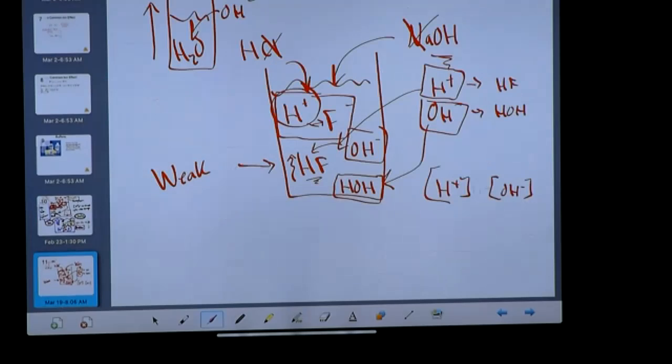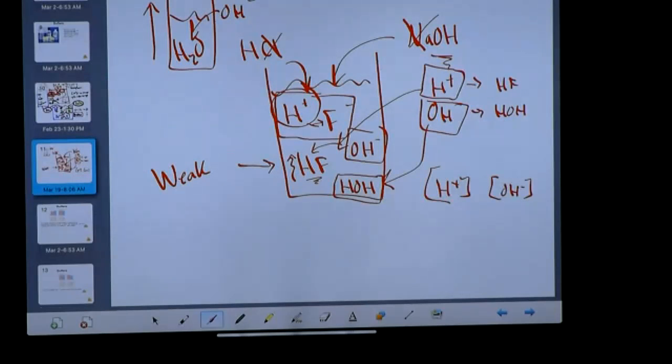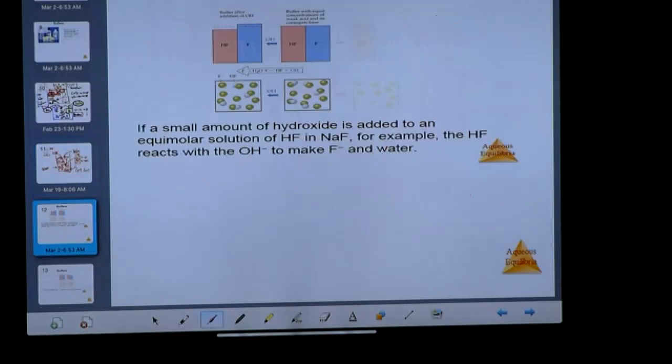Okay. This is probably just another drawing from another year. Okay. This is just going to say what we just did. So in this exact same example, if a small amount of hydroxide is added to an equimolar solution of HF and NaF, for example, the HF reacts with the OH to make F minus in water. So that's what I just said. So nothing new there.